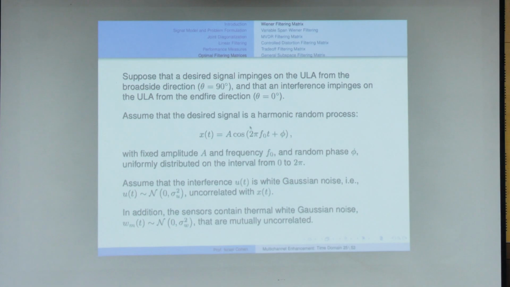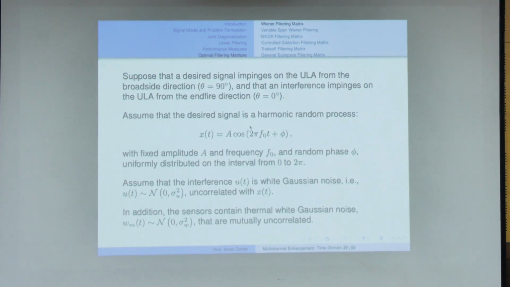Now, because we have multi-channel, and also we have some thermal noise, but because we work with multiple sensors, we need to know also where the source signal and the interference come from. So we assume that the desired source is from the broadside, theta equals 90 degrees, and the interference is from the end fire direction, from 0 degrees.